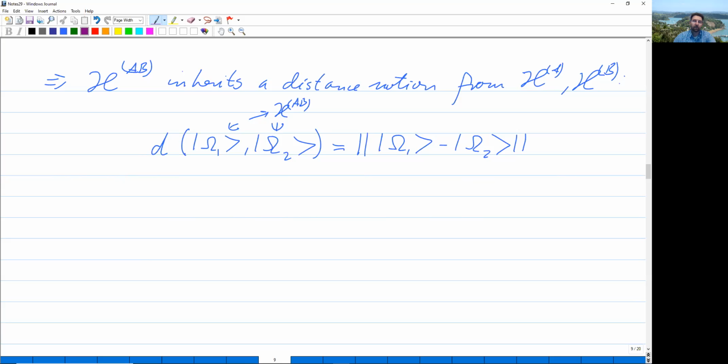From that, we can define all sorts of things like continuity of maps, but also the notion of convergence of sequences.